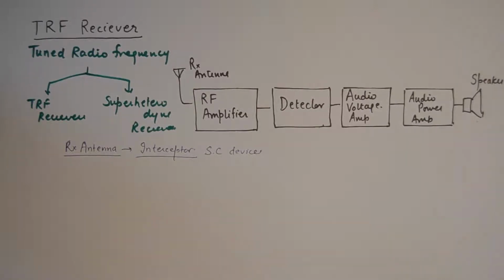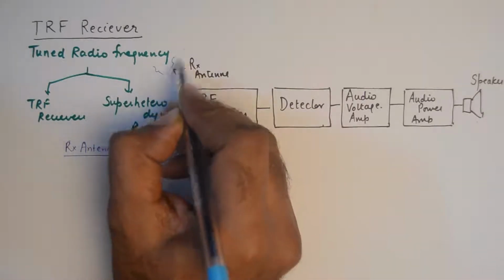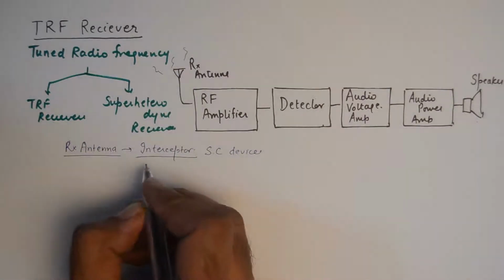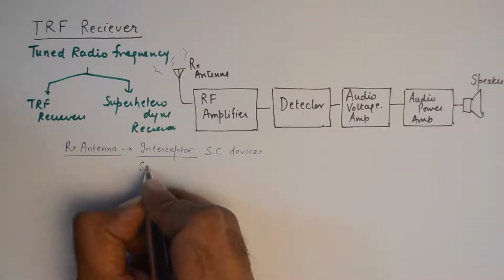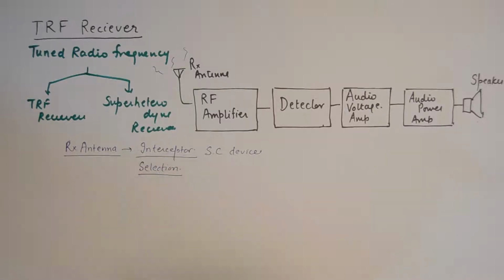Now this receiving antenna is subjected to multiple frequencies in the atmosphere, so a process of selection also happens at the receiving antenna. Selection refers to selecting a desired carrier frequency out of many frequencies that it sees in the atmosphere.